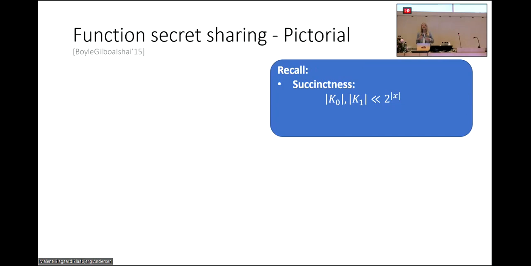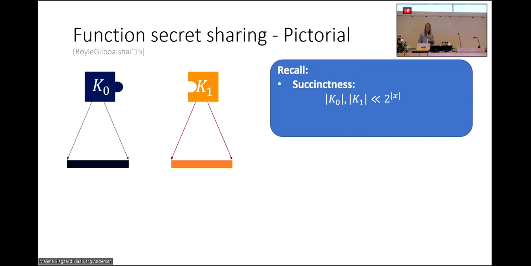And now let's look at it pictorially. How does it look? We have the succinctness: we want these keys to be shorter than, say, if X is a bit string, the possible number of bit strings. If we look at the keys and evaluate every possible output, what we get is this kind of expansion that we have here.